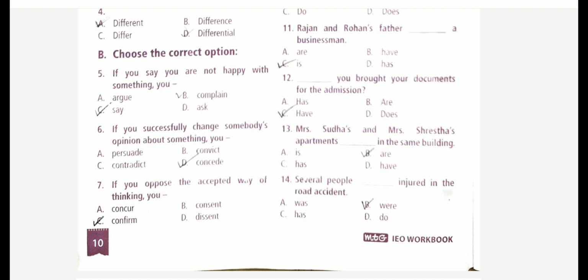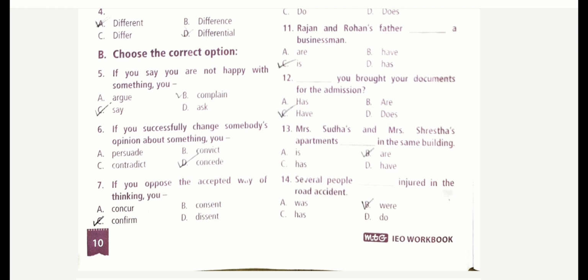Since the subject is plural, the correct form of the verb to use is are. So Mrs. Sudha and Mrs. Shrestha's apartment refers to more than one apartment, so it's a plural subject. The verb are is the plural form of the verb to be, which could be am, is, are. Okay, so the correct answer is Mrs. Sudha's and Mrs. Shrestha's apartments are in the same building.